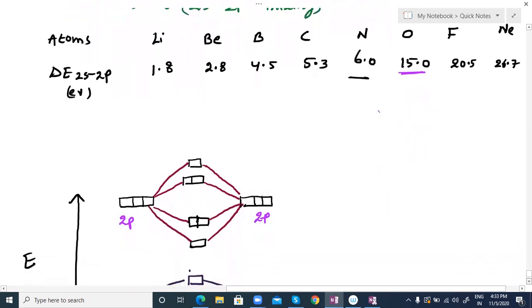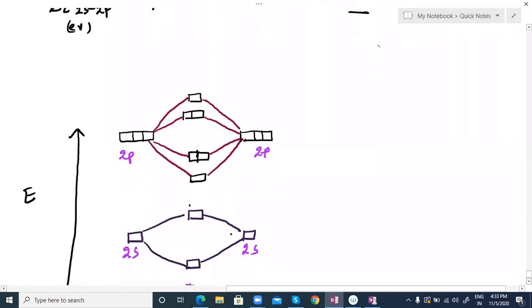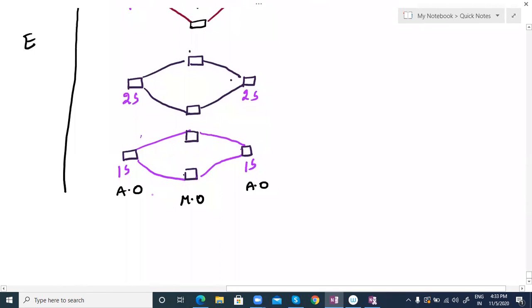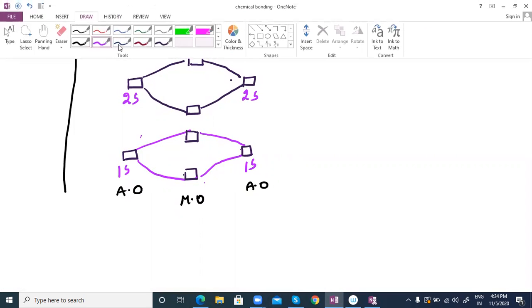Now I am showing their energy profile diagram, the energy diagram. So already you know that if two orbitals participate in the formation of molecular orbitals, then we get two molecular orbitals. Here two 1s orbitals are participating, so I am getting two molecular orbitals. One, we know very well, is the bonding molecular orbital, which is always lower energy.